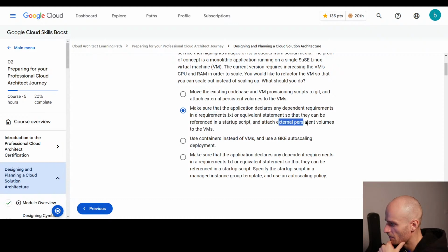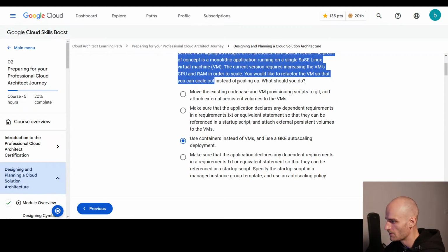Okay, so it's containerizing startup VMs and using the GKE autoscaling deployment. Well, this will be my favorite one. So in all the cases, I'm seeing that it's taken for granted that I'm scaling out.